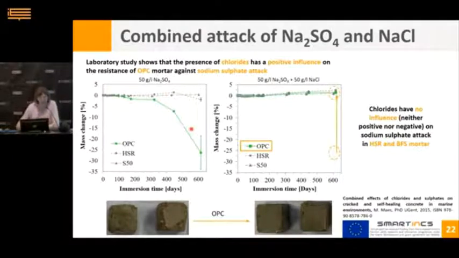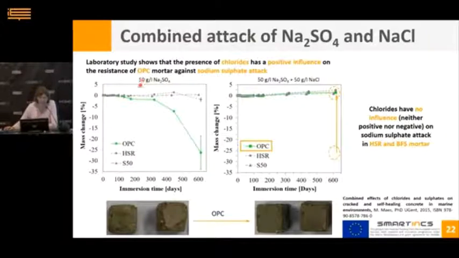So in this slide you can see the mass change as a function of the immersion time for mortars made of ordinary Portland cement, high sulfate resisting cement, or a binder consisting of 50% Portland cement and 50% blast furnace slag.